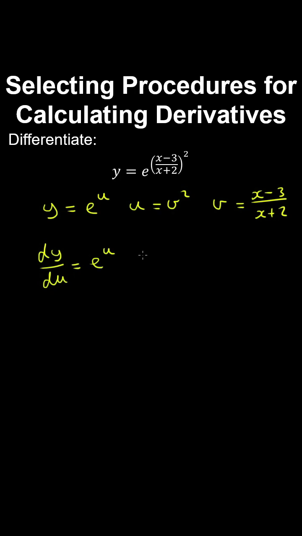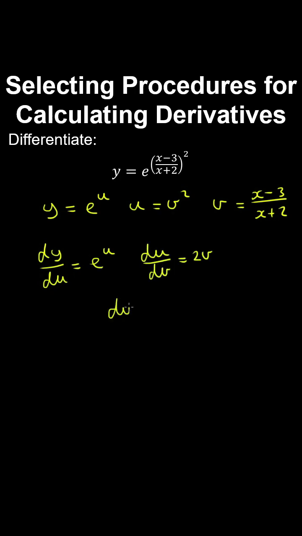Let's differentiate the following function. So we can see that it's a composite function, and we can thereby write y is equal to e to the u, and u is another composite function. So we can write u is equal to v squared, and v is equal to the rational polynomial in the brackets. And now we can differentiate y with respect to u, and differentiate u with respect to v.